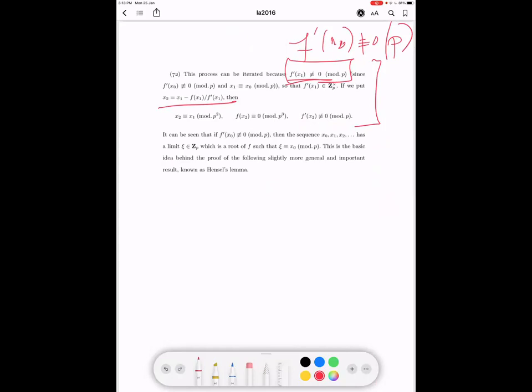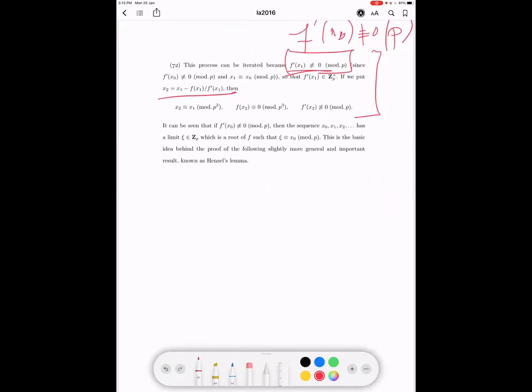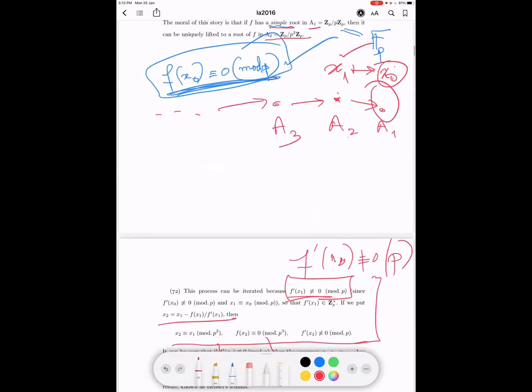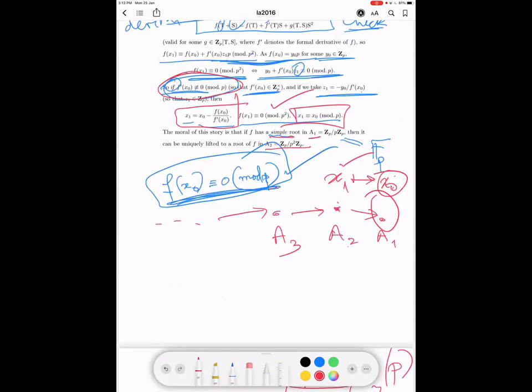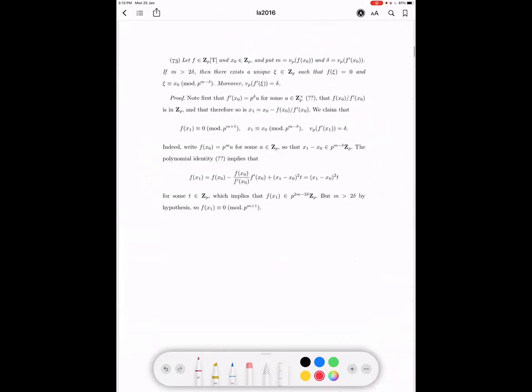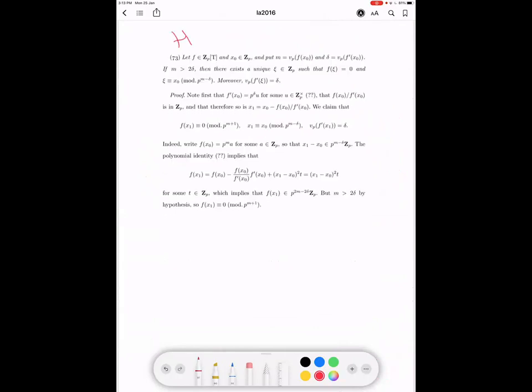So if I put x2 equal to this, then I can check these things easily. Okay, so the first step was possible because of this, and the second step is possible because the x1 that I get will have this property that f prime of x1 is not going to be 0. Anyways, so that's the idea behind the proof of the following result, which is called Hensel's lemma.